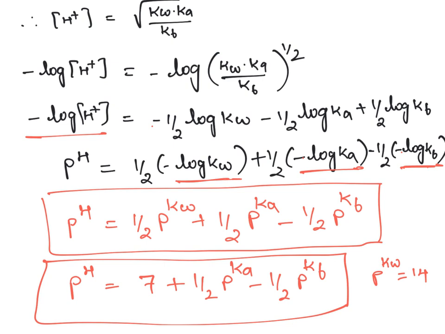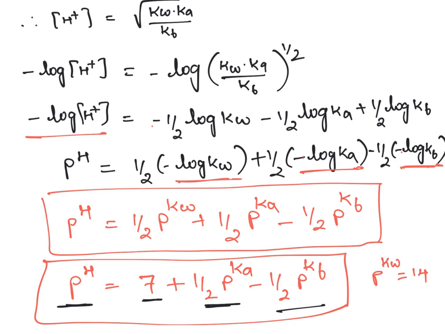Let's take one problem. By looking at the pH expression, we have two terms, pKa and pKb, which influence the pH. If pKa and pKb are equal, then the pH of the resulting solution will be 7, that is neutral.